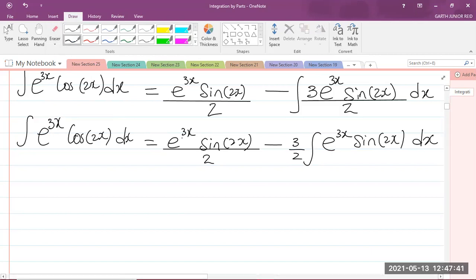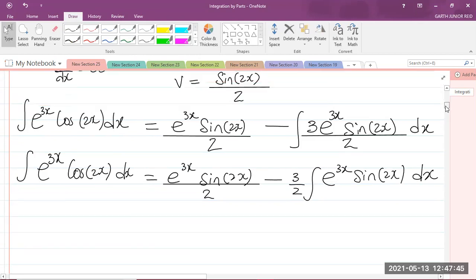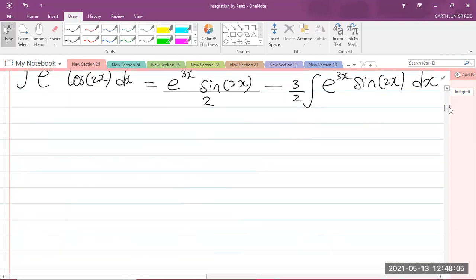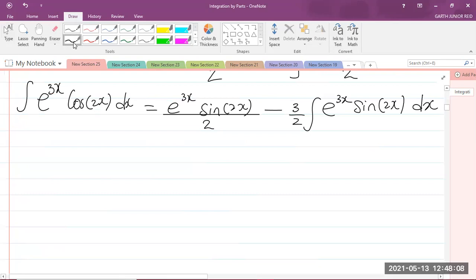All right. So what I'm going to do now is just substitute the answer for that integral into here. That is what I'm going to do. So let us do that here. So what I have now is the integral of e to the 3x.